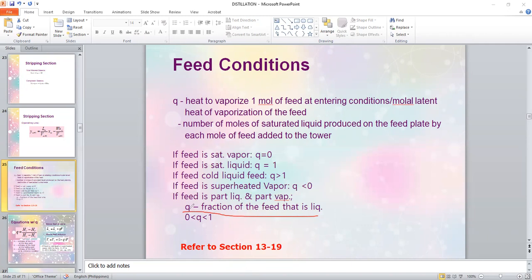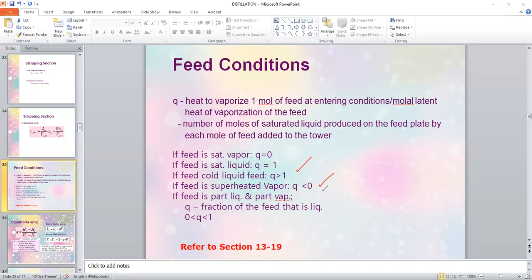So if it's a mixture of liquid and vapor, the Q value is between 0 and 1. So Q is greater than 0 but less than 1. So the primary challenge class is when your feed is cold and when your feed is superheated. So you can check it in here based on this particular condition whether the Q value that you have determined is correct or not.